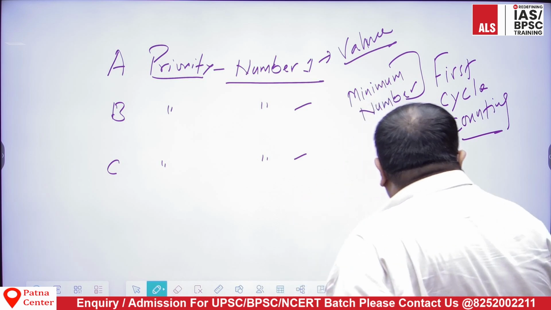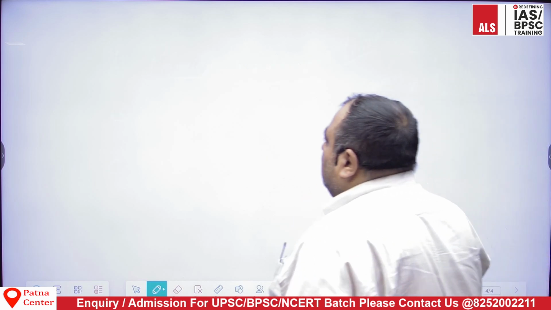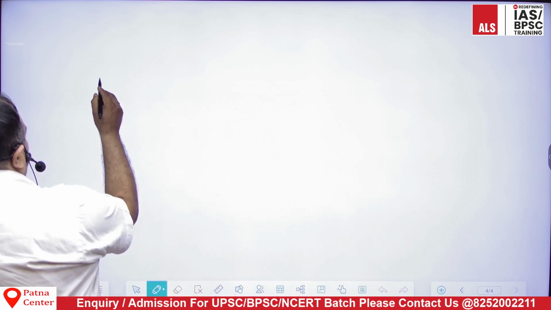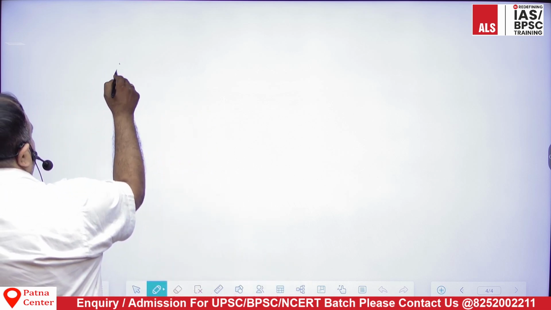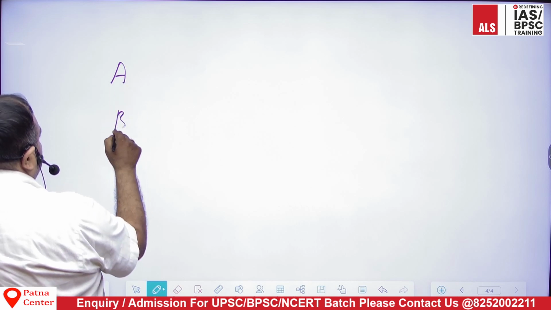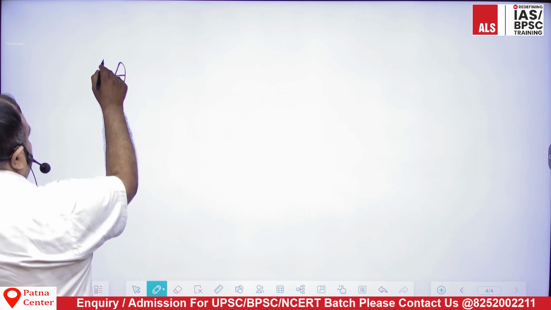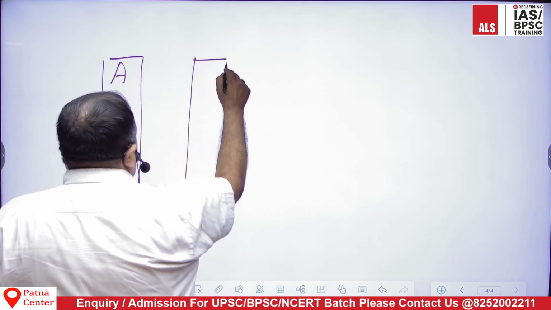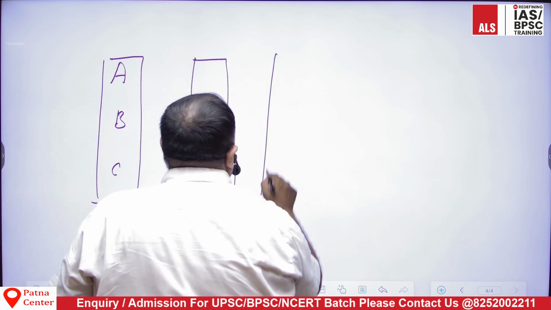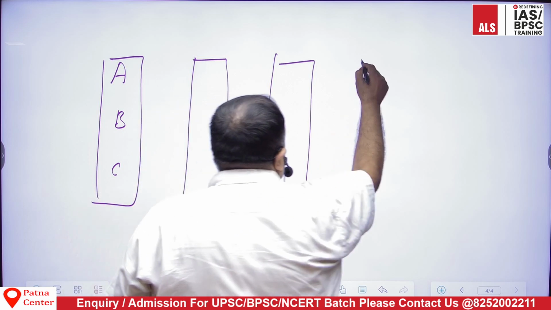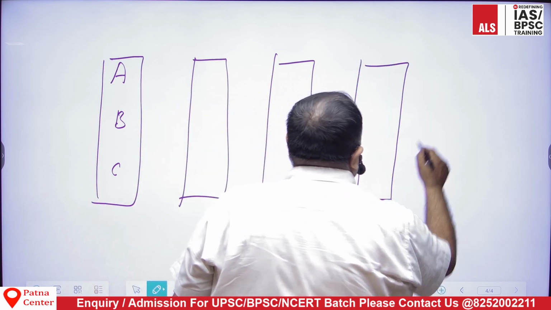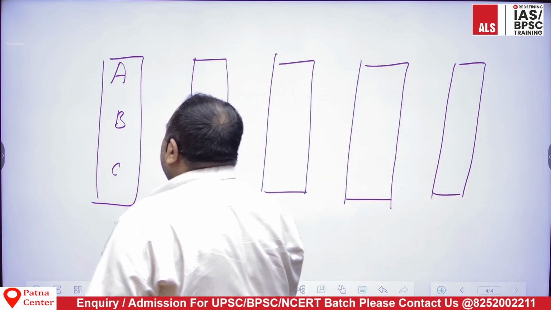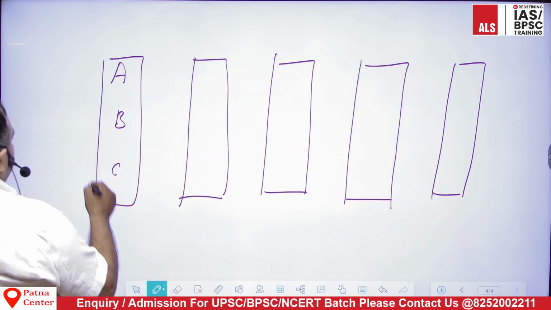Let's take an example of how it is done. Suppose there are three presidential candidates, capital A, capital B, capital C, and 5 voters.